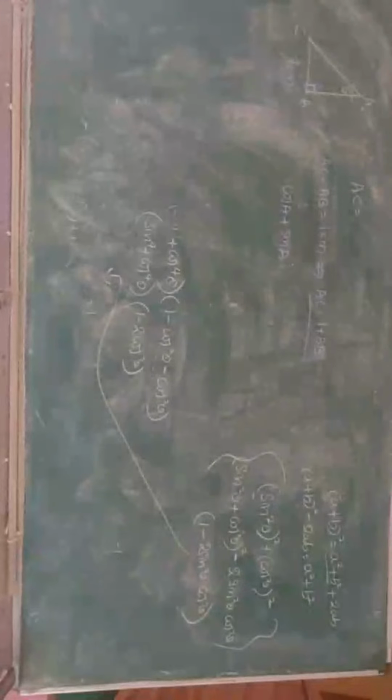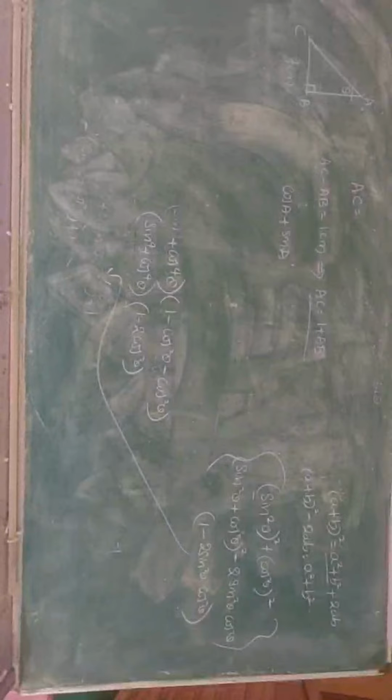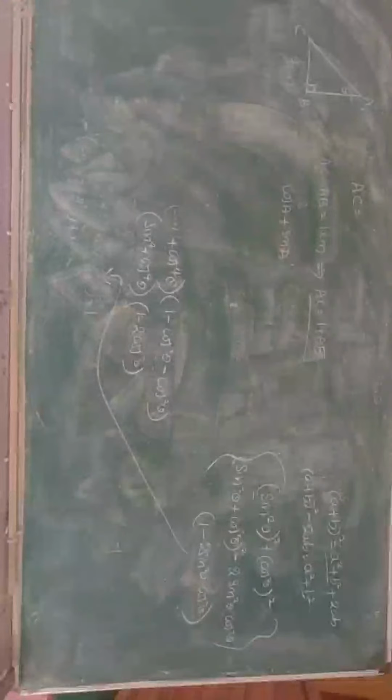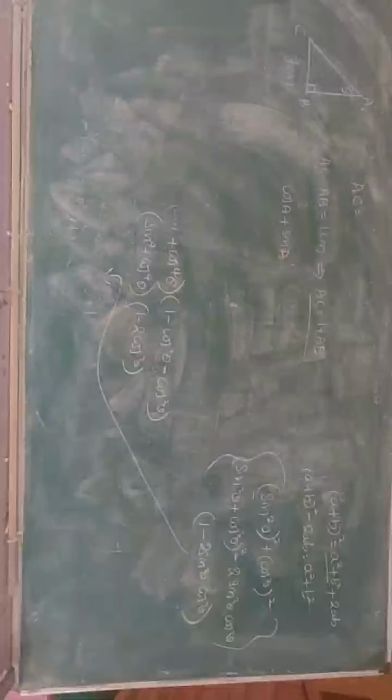This one is 24, correct? AB is 24. AC 25 centimeter.